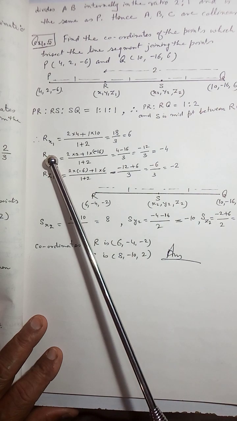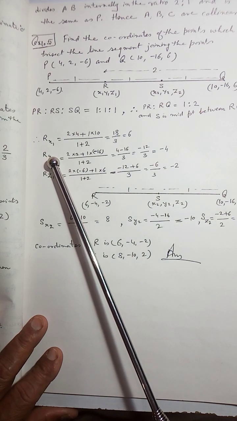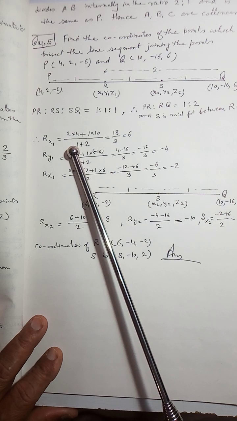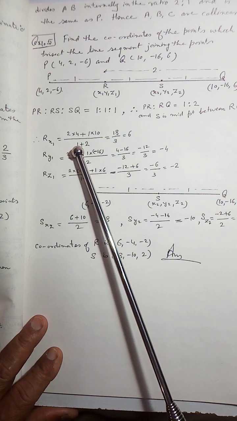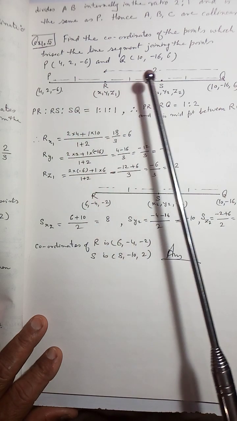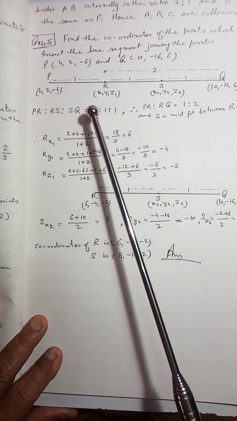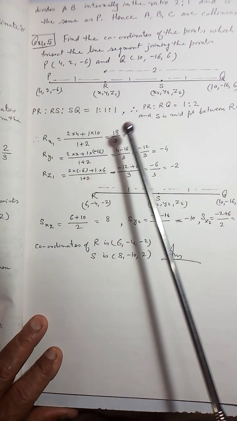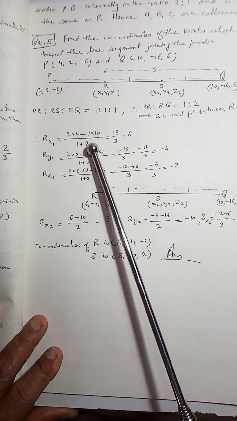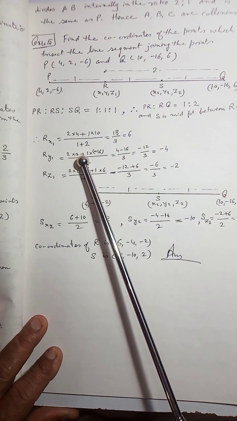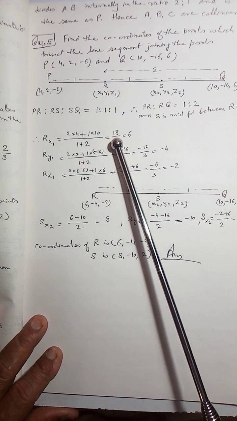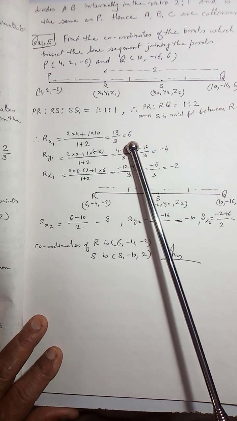So let us proceed. x1 is 2 into 4 plus 1 into 10, whole divided by 1 plus 2, equal to 18 divided by 3, that is 6.